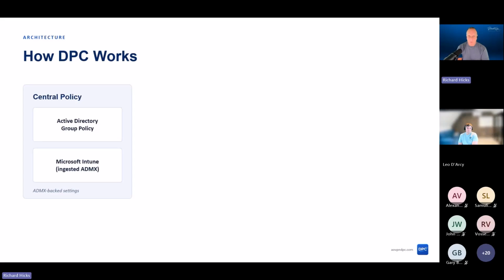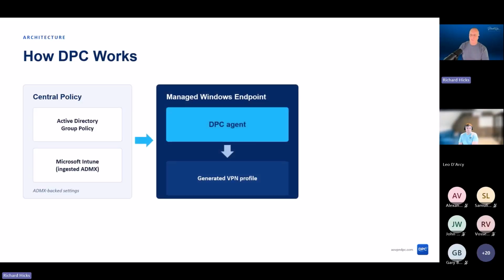It can be our ADMX files copied to the central store in AD, so it's basically replicated out to all of our domain controllers. But you can also ingest ADMX files, or upload ADMX files, to Intune. That's really powerful because I can just take the custom ADMX that DPC uses, upload it to Intune, and manage the solution entirely from Intune.